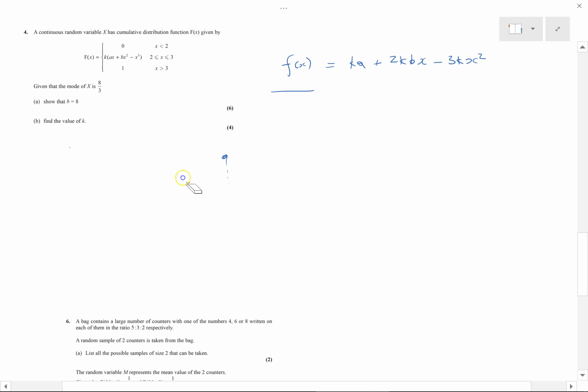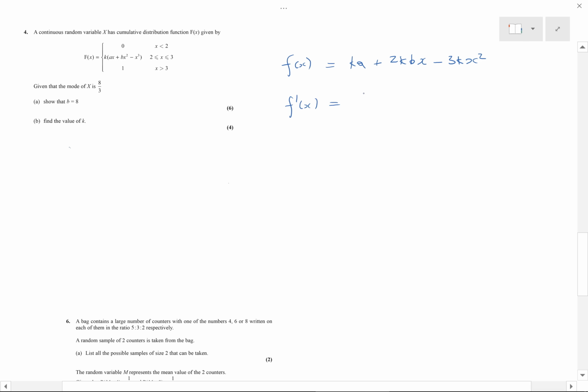But in this case, there's a lot of information, because it's quadratic, and the mode is lying between our 2 points, 2 and 3, in between somewhere. We can, in this case, assume it occurs at a turning point. So all we have to do is differentiate. So let's just write f stroke x.